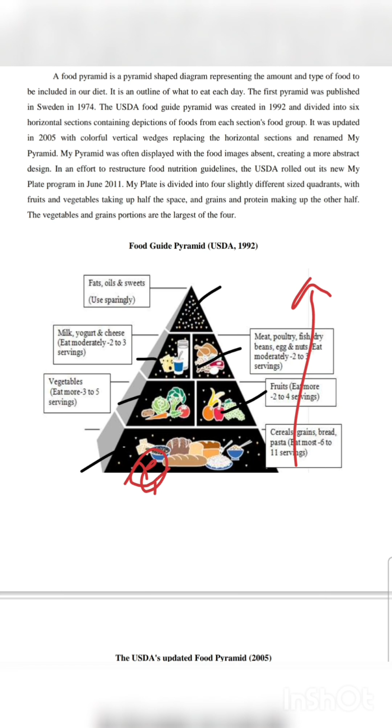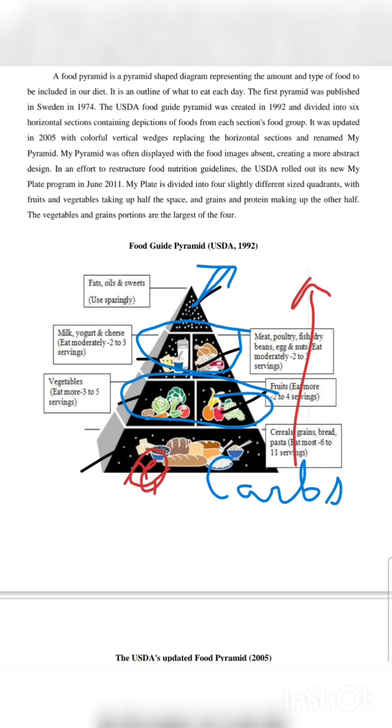So we can see we have carbs here in the bigger section. Then we have vegetables and fruits, like proteins, minerals, vitamins, right, in this section. And after that we have milk products, non-veg products, all that. And in the last section, this section, we have fats and oils, right?